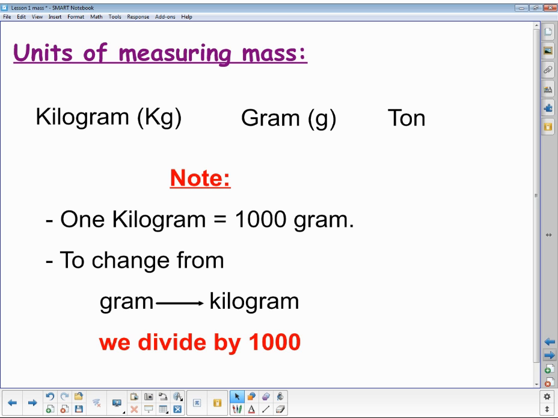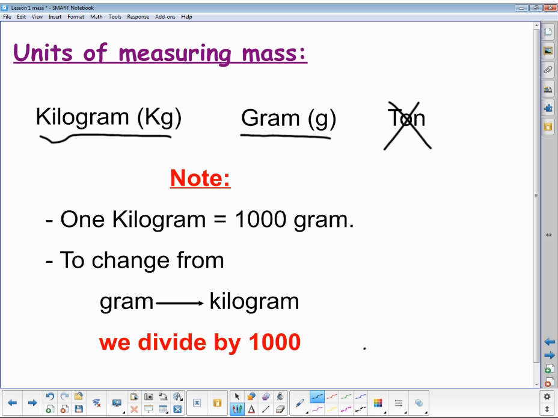Now, units for measuring mass. We're going to be using the SI unit, so the standard metric units, right? And so what that means is that we're not really going to be using English standard, so you wouldn't find things like the ton. Instead, we'd be dealing with things like grams and kilograms as appropriate.